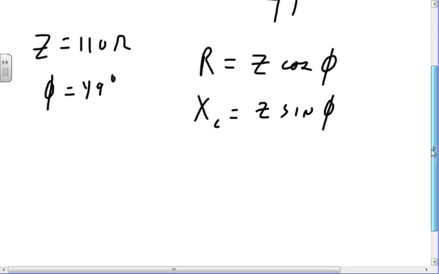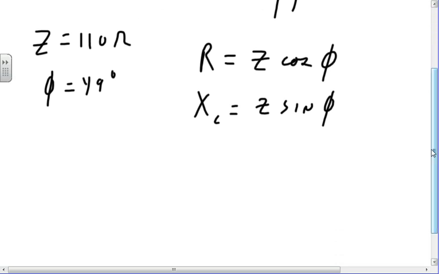All right. So we're all set with that? 110 times cosine 49. So my resistance is 72.2 ohms.